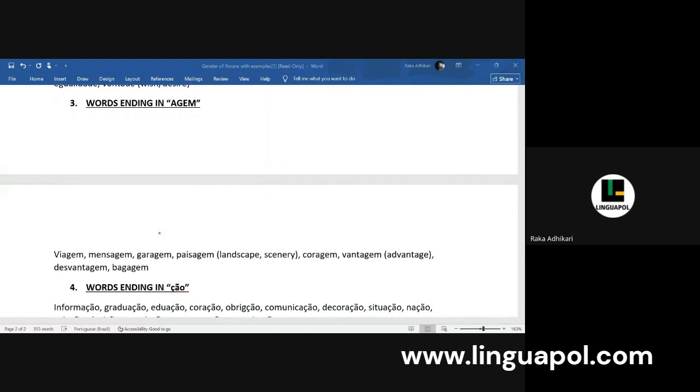Coragem means courage. Vantagem, advantage. And the opposite of vantagem is desvantagem. Desvantagem is disadvantage. Bagagem. Bagagem is your baggage or luggage. So anything that ends in agem is feminine, and it does not have any exceptions. No exceptions at all. If it ends in agem, it is a feminine word.